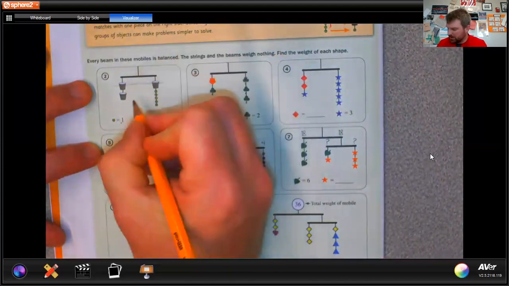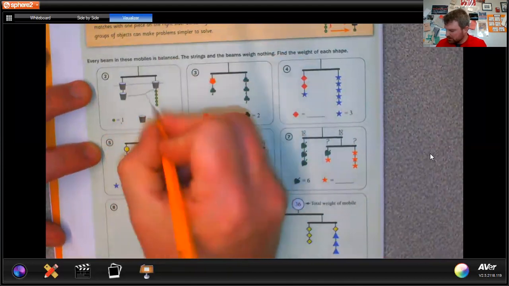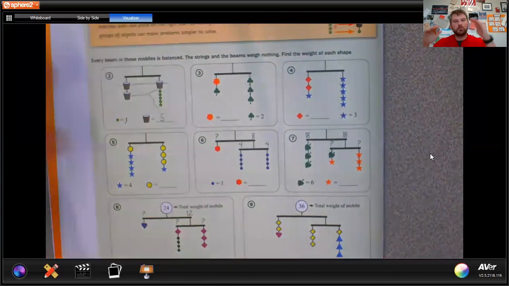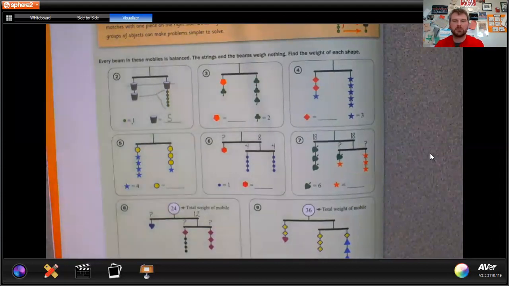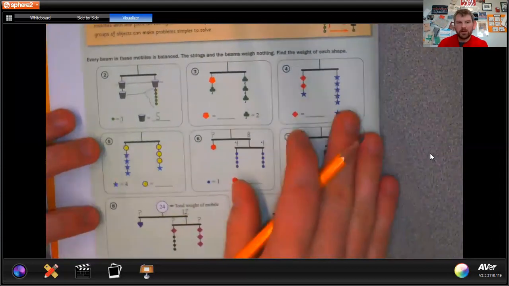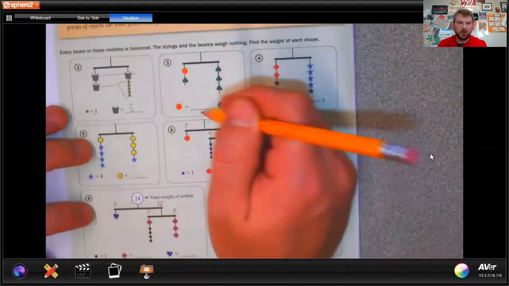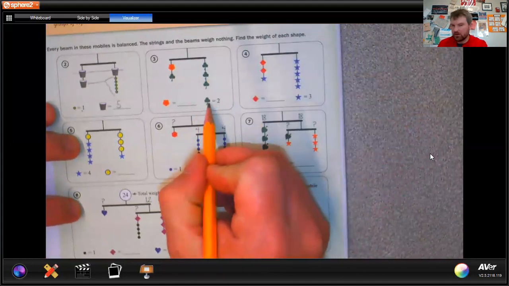So this bucket has to equal all 5 of those, which are each worth 1. So that bucket has to be worth 5 total. Remember, the balance beams have to stay balanced, so they can't be lopsided or anything. Now here, in number 3, they've changed it. They no longer have marbles or anything like that. But they do give me a clover is 2.